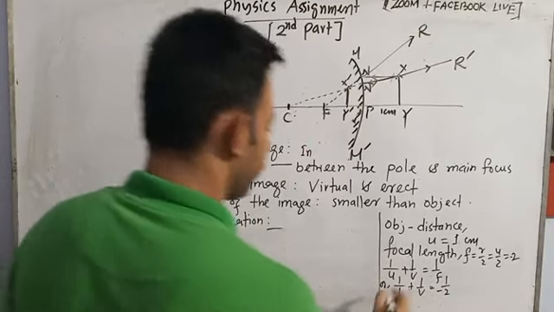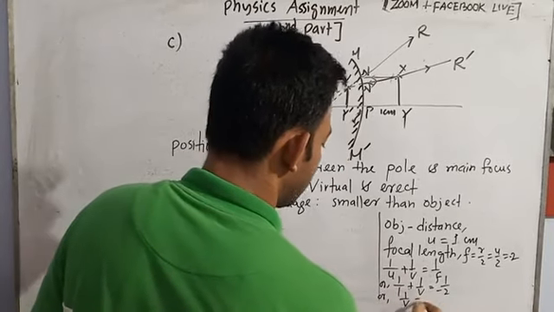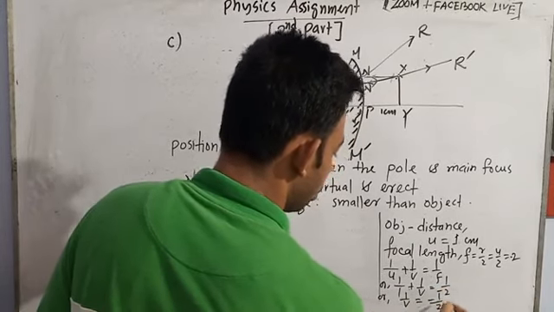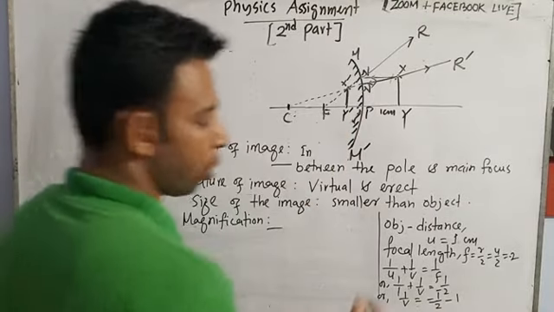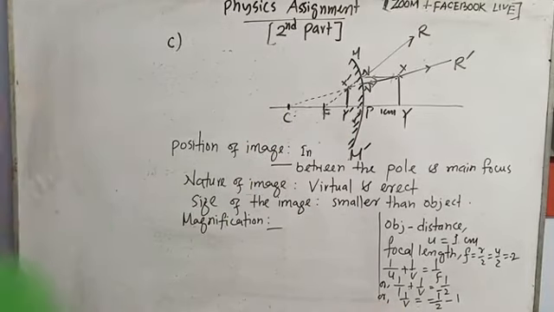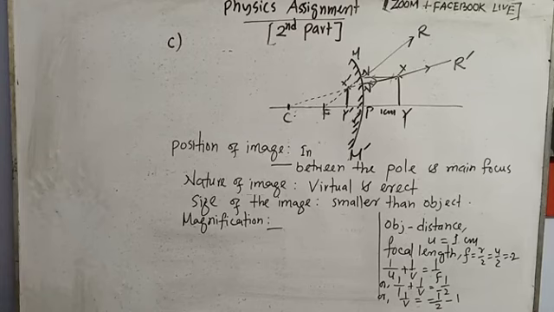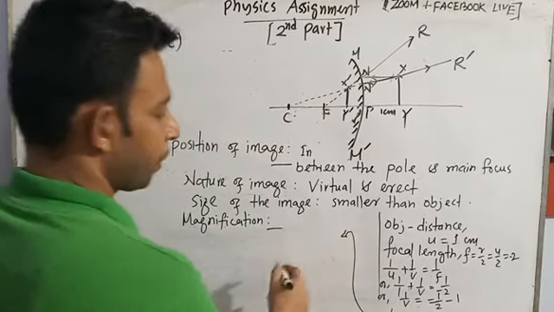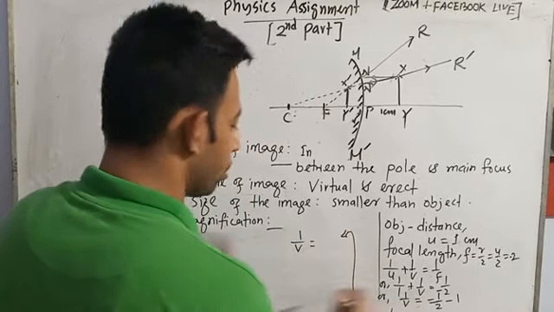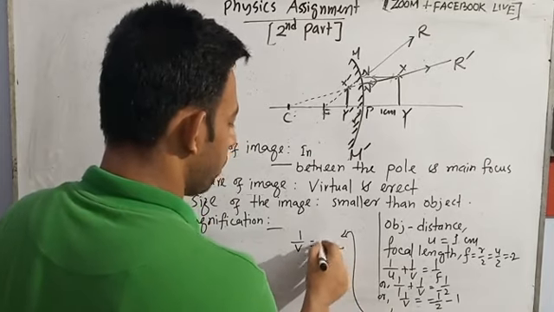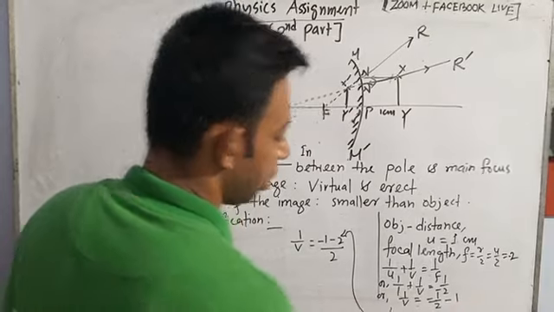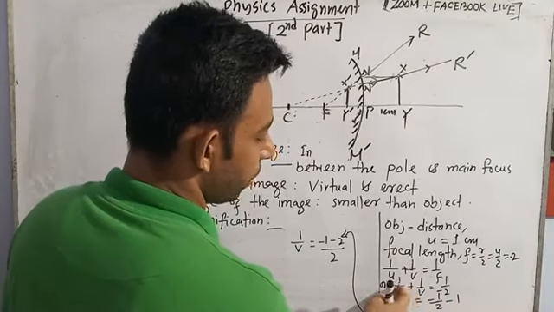That means minus half. So 1 by v equal to minus 1 minus 1 by 2, that is minus 1 minus 1 by 2. You write below: 1 by v equal to whatever we have got.